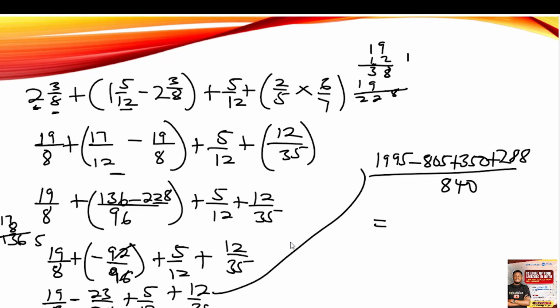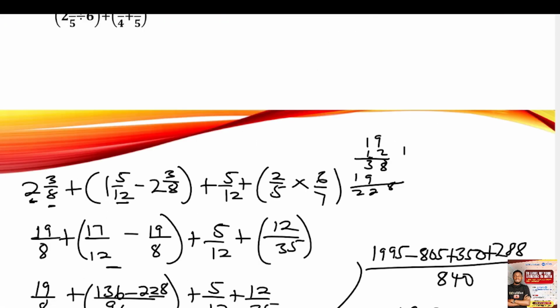And that gives us 1,828 divided by 840. So 1,828 divided by 840 gives us 457 on 210. So that is it for the third question.